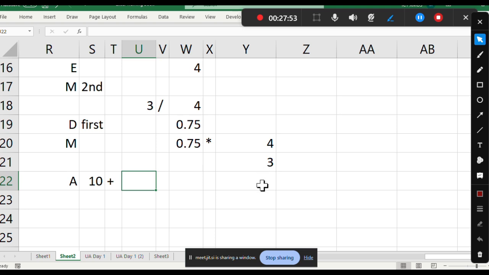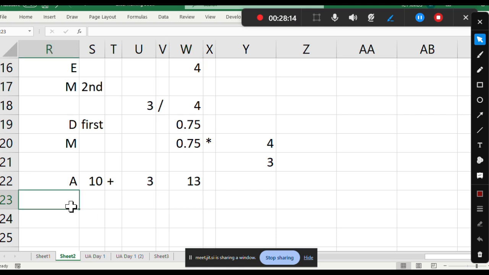This 3 that is here, I have to bring it down because this is the 3 that is continuing. 10 plus 3 is equal to 13. Can you see it? 13.